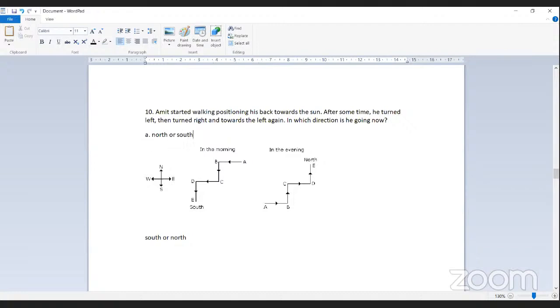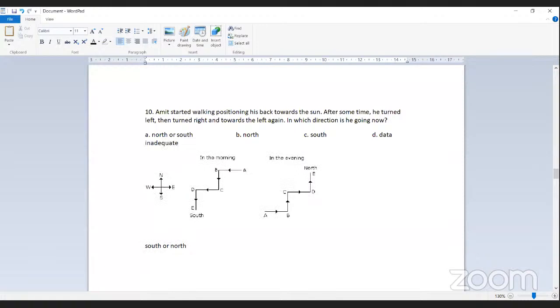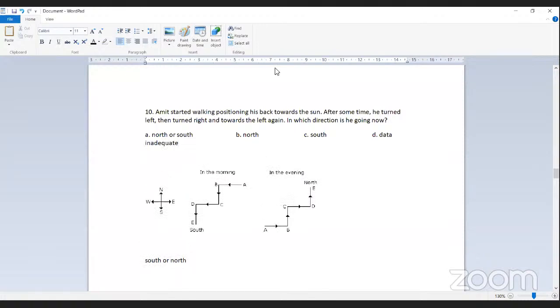And we will not consider noon time, because the shadow is minimal and it won't point in any direction. So no shadow you can see. North or south?